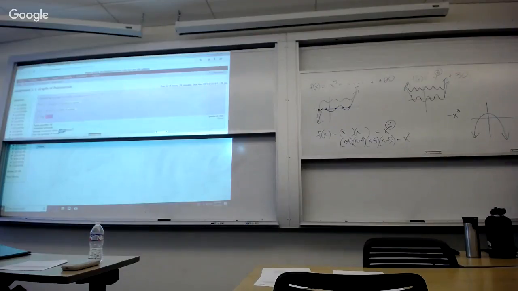Now, how do we answer the question? It says, as x approaches negative infinity. So that means as you move this way on the x-axis, as x approaches negative infinity, what's our y doing? Our y is going to negative infinity as well. And so the answer here is, as x goes to negative infinity, f of x goes to negative infinity.